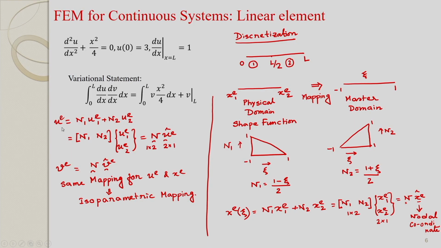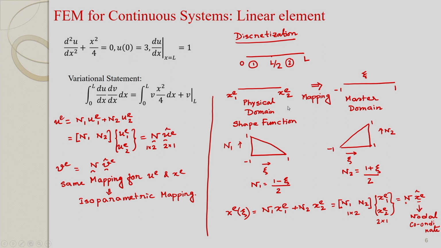For linear finite element, we can write the dependent variable u in this matrix vector form, where n1 and n2 are the shape functions, linear shape functions, which make a linear relation between the nodal u values u1 and u2.